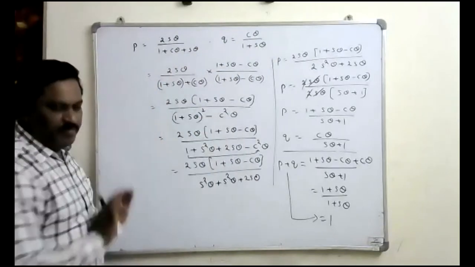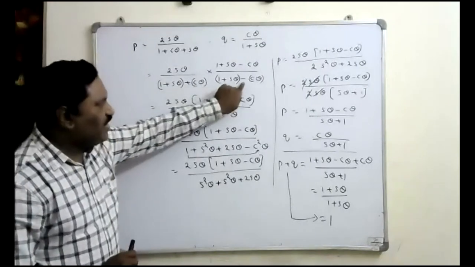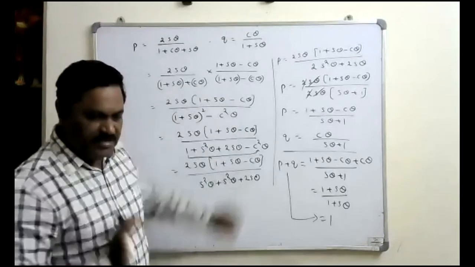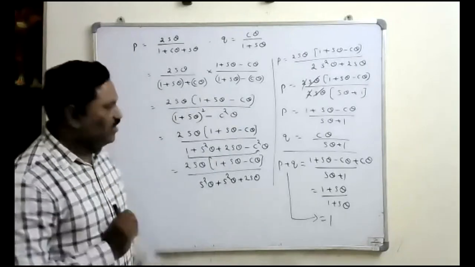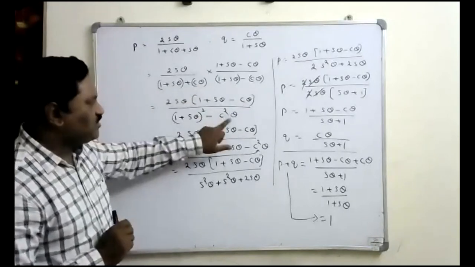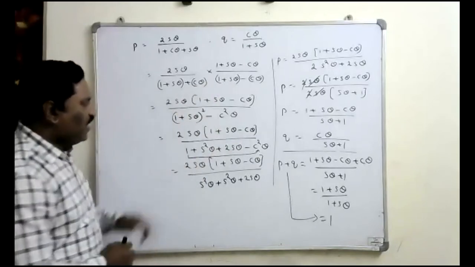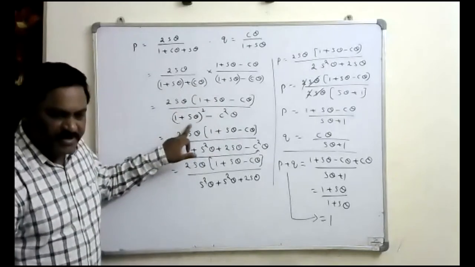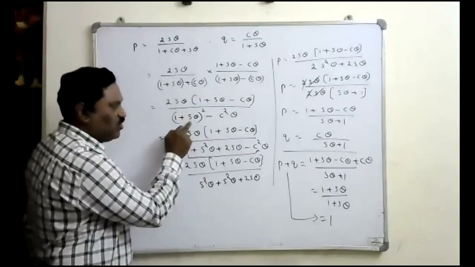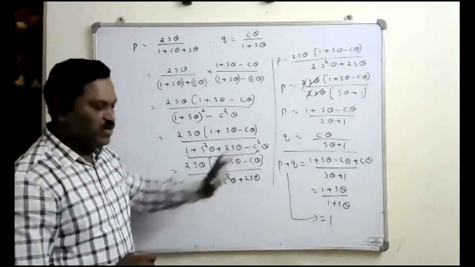So in the denominator, if you multiply both, it is in the form of a plus b and a minus b. You know the formula for a plus b into a minus b is a square minus b square. A square means 1 plus sin theta whole square, minus b square means cos square theta. Again write the numerator as it is. Expand the denominator. It is a plus b whole square form. If you expand that, a square means 1 square, b square means sin square theta, 2ab means 2 sin theta, minus cos square theta.